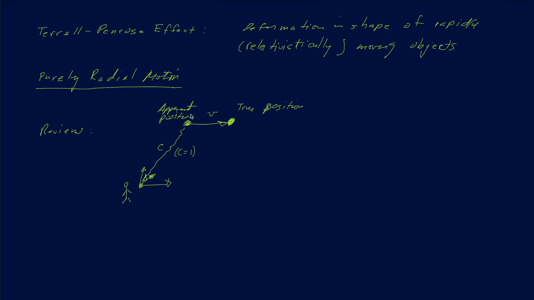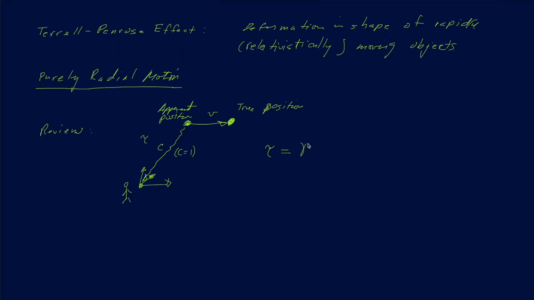In ordinary life, we don't have to worry about this. The apparent position and the true position of an object are incredibly close to one another, so close that for all practical purposes they are identical, okay? But we worked out an equation for this, which I will remind you of here. We ended up getting something called the latency. Latency is the time it took for the ray to go from the point source to the observer. And what we got was the following equation.